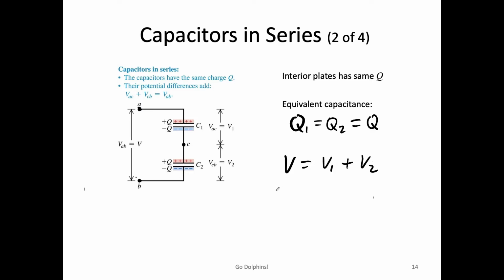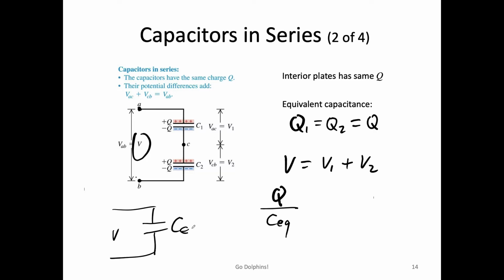And my V, by definition, is Q over C equivalent. So this is V, C equivalent, and it carries charge Q. So charge Q divided by C equivalent gives me V.